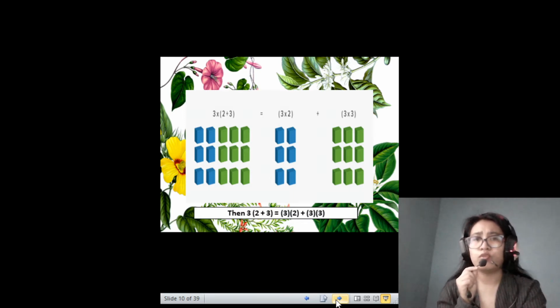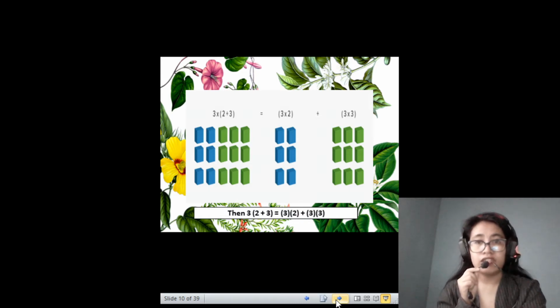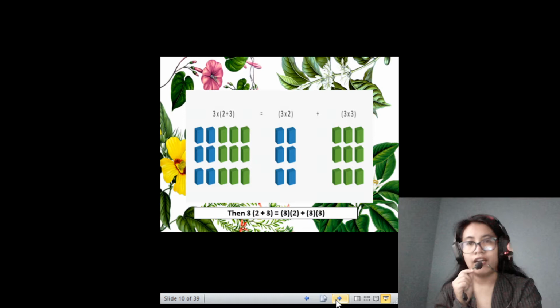If I add first 2 plus 3, the answer will be 5. And if I multiply it to 3, the answer is 15. On the other side, 3 times 2 is 6. 3 times 3 is 9. If I add it, the answer will be, again, 15. That's why they are the same.